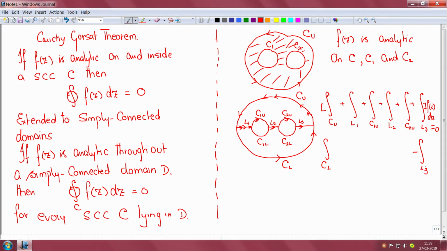Then I take plus integral C2 lower, then L2 in the opposite direction, minus L2, then plus C1 lower, then L1 in the opposite direction, minus L1.